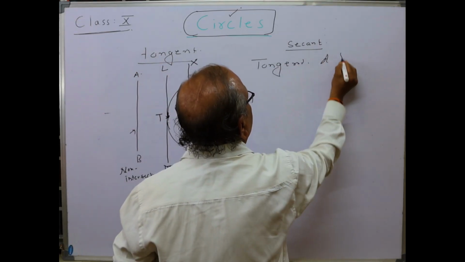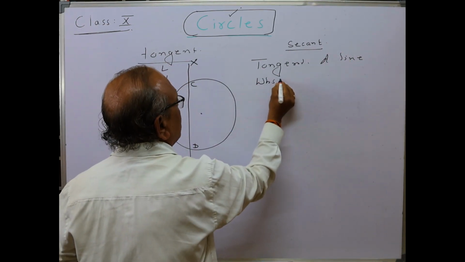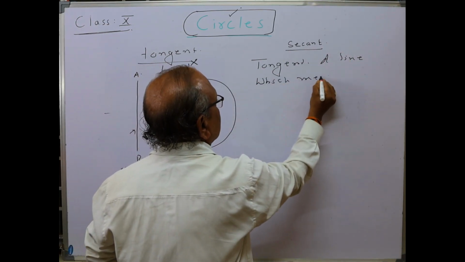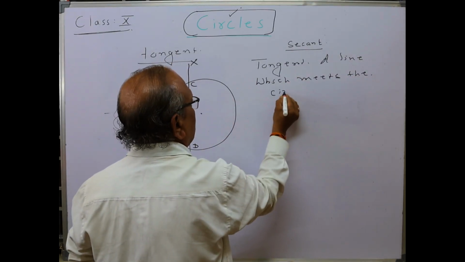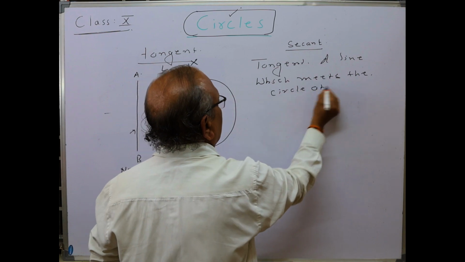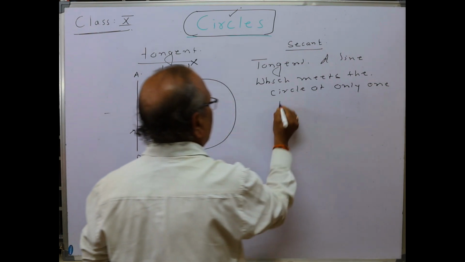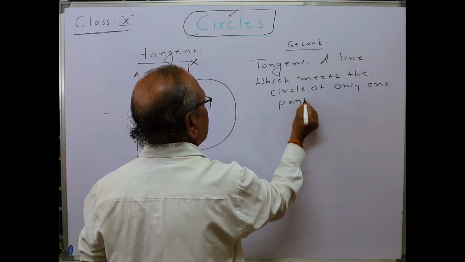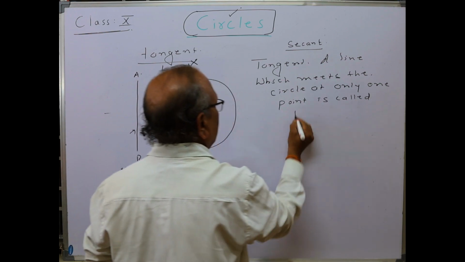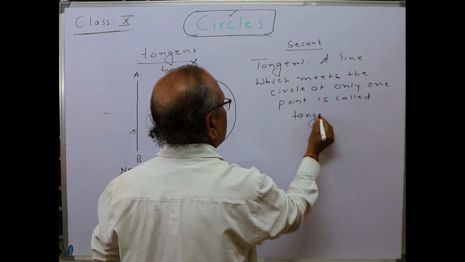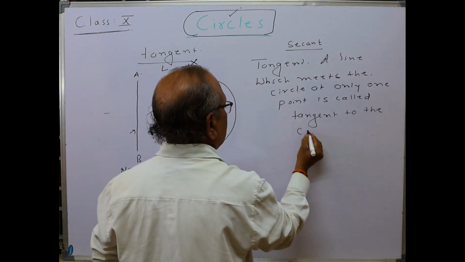A line which meets the circle at only one point is called tangent to the circle.